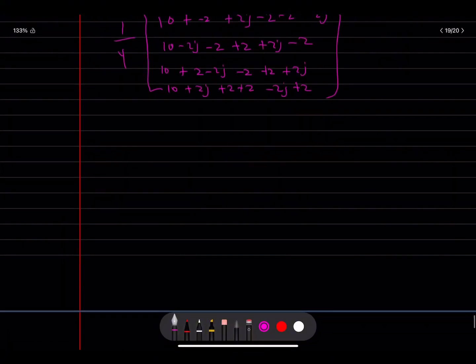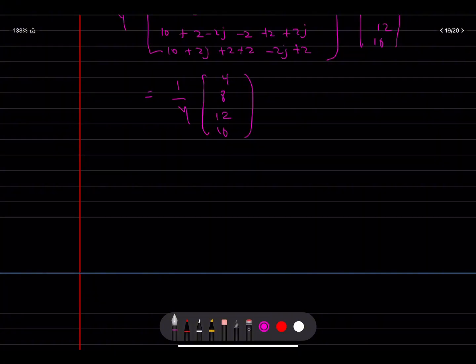So you are going to get 1 over 4 times 4, 8, 12, 16. At the end of the day, we get our final answer to be 1, 2, 3, and 4. So this is the one that we solved earlier, and we have gotten it back.